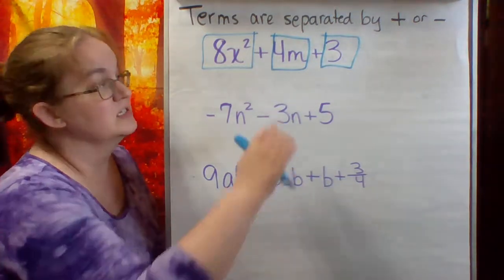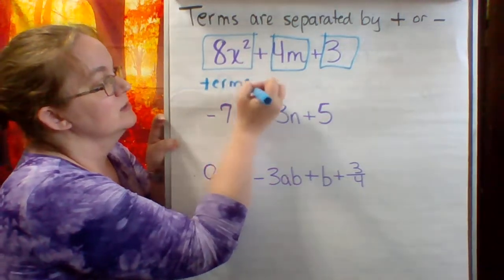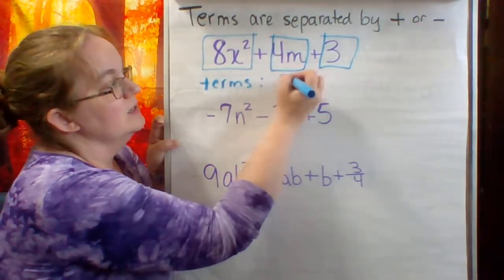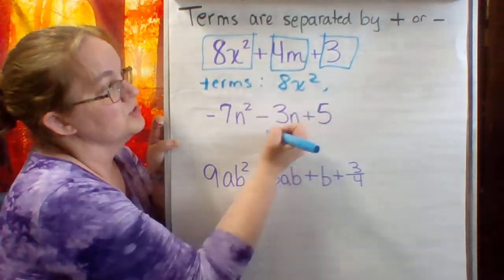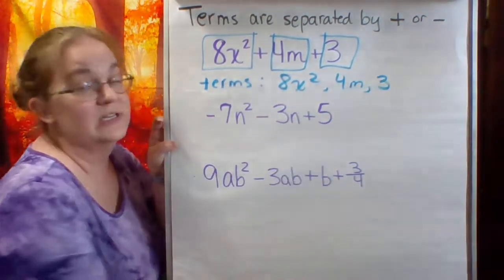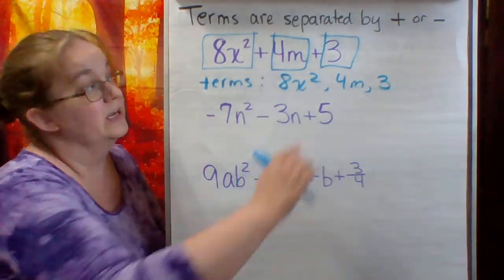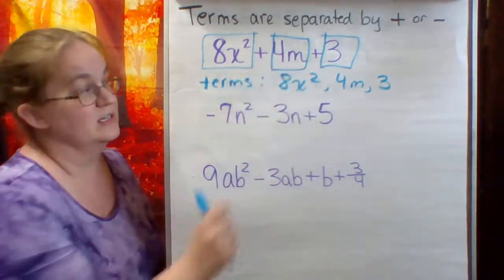So it could be just a constant depending on the situation. If I were to list the terms, I would say 8x squared is one term, 4m is another term, and 3 is the last term. And so it makes for 3 terms. Okay, again, they're separated by addition signs.